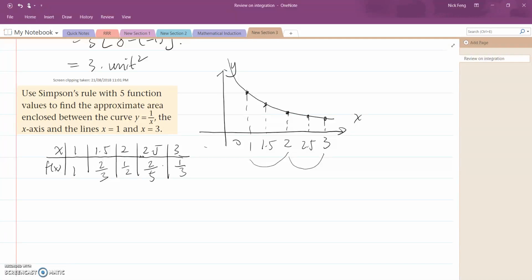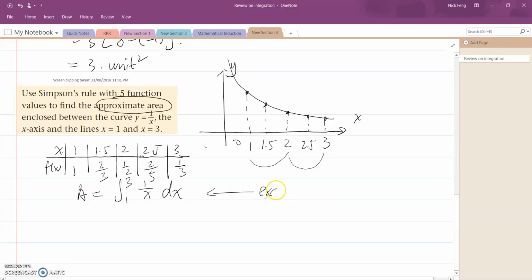Okay, so therefore, if we want to find out the approximation, this time the question asks us to approximate the area. So we are in fact finding area this time. Don't forget the unit square at the end. So area is equal to integrating from 1 to 3, 1 on x dx. Remember, this part is actually exact up to this line.